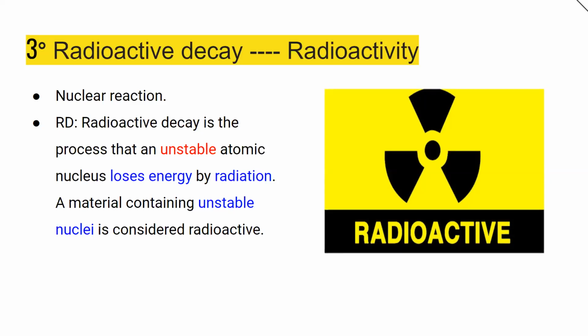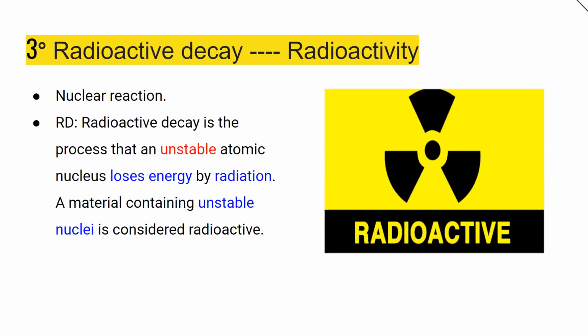Of carbon and nitrogen, which have such long lifetimes that they never decay within the lifespan of the organism. Radioactive decay is a process in which an unstable atomic nucleus, an unstable element, loses energy.